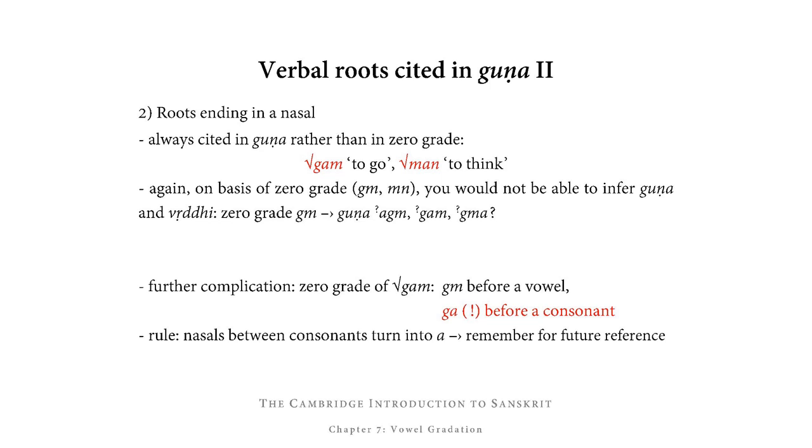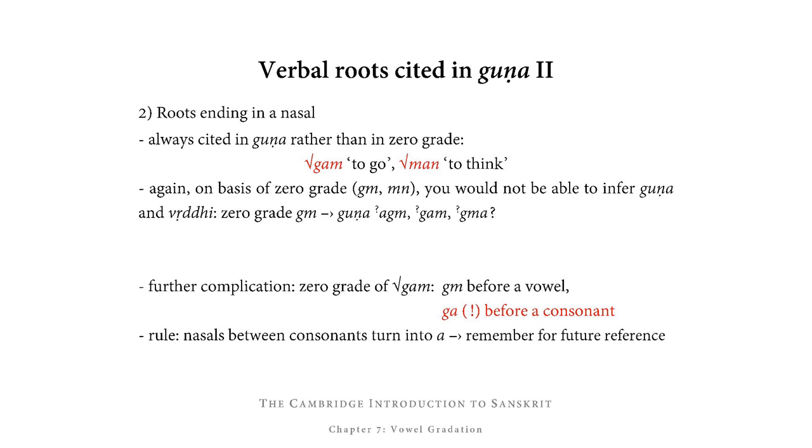Well, the zero grade of gam and man would be gm and mn respectively. So in order to get to the zero grade, you just remove the a. From gam you get gm, from man you get mn. And remember, the rule to get from the zero grade to the guna of a root is that you add a in front of the zero grade vowel.